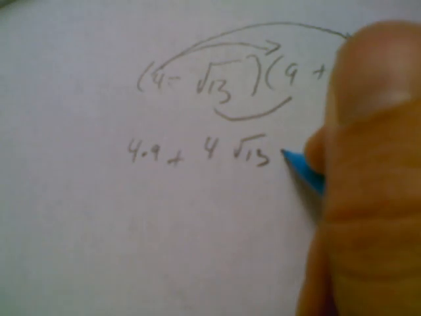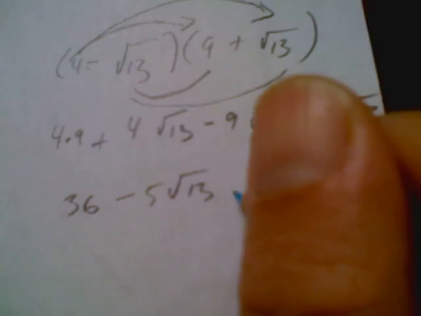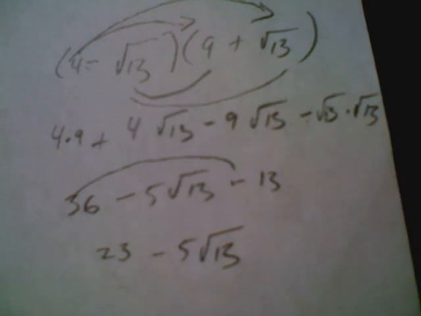Then we do the inner, minus 9 times square root of 13. And then we do the last, negative square root of 13 times square root of 13. The 4 and 9 terms combine to negative 5 square root of 13. Square root of 13 times square root of 13 just cancels out the square roots, and this becomes negative 13 because of that minus right there. So we have 23, combining those like terms, minus 5 square root of 13.